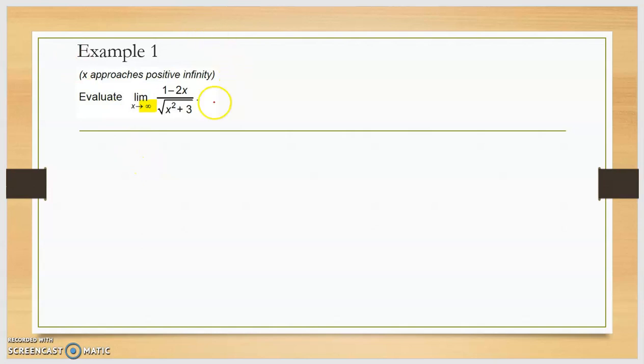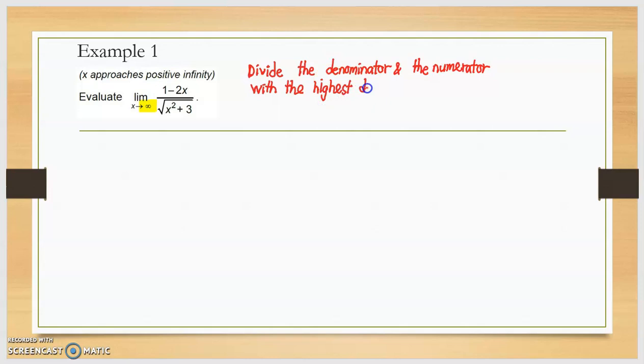As we learned before, if x approaches positive infinity, we will divide the denominator and the numerator with the highest degree of x in the denominator.